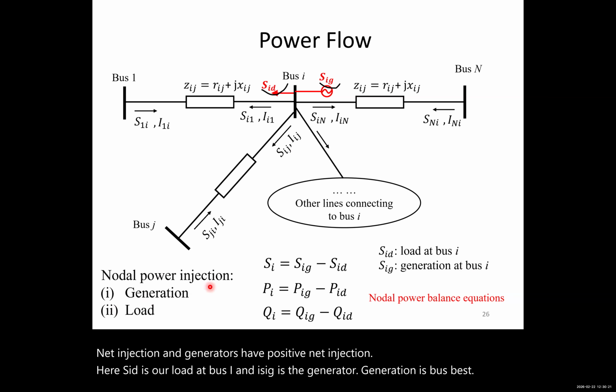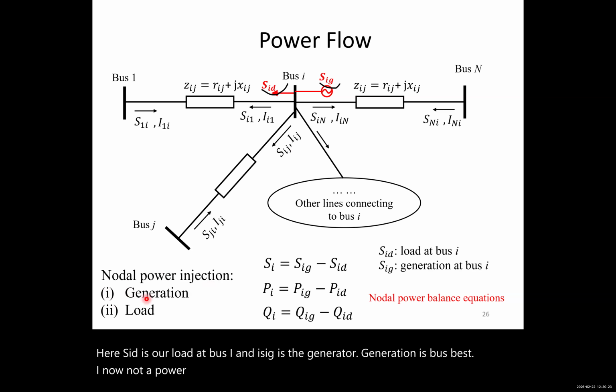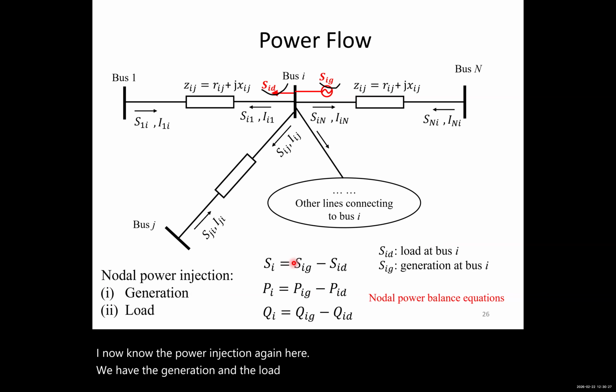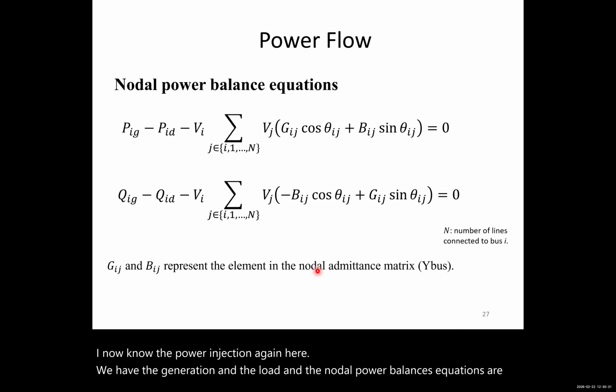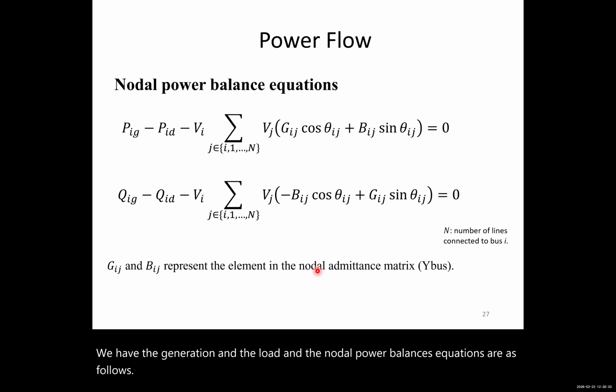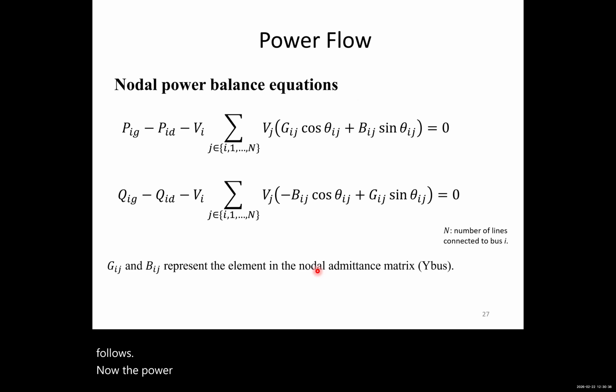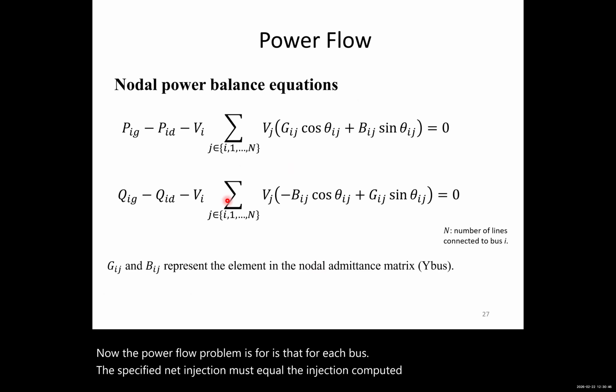Now, nodal power injection again. Here we have the generation and the load, and the nodal power balance equations are as follows. Now, the power flow problem is that for each bus, the specified net injection must equal the injection computed from network equations.